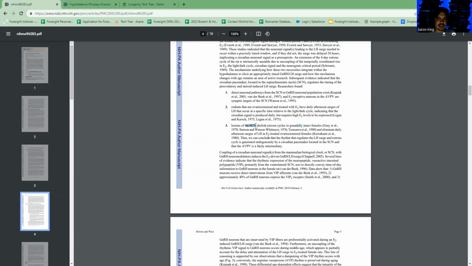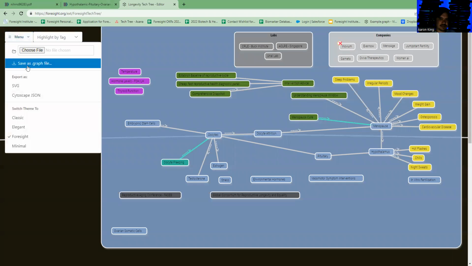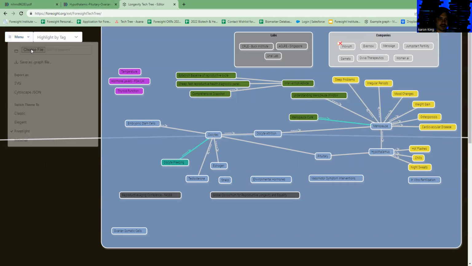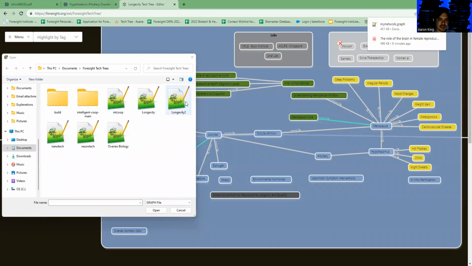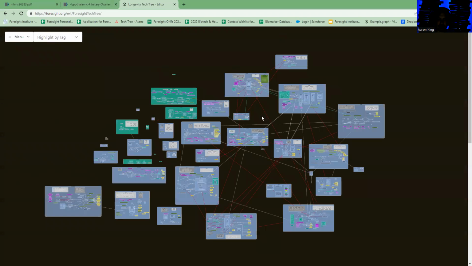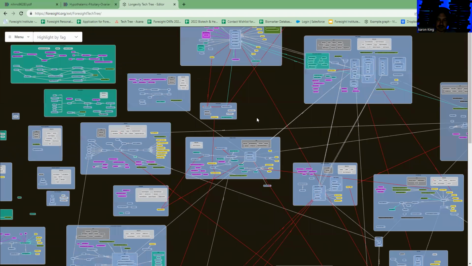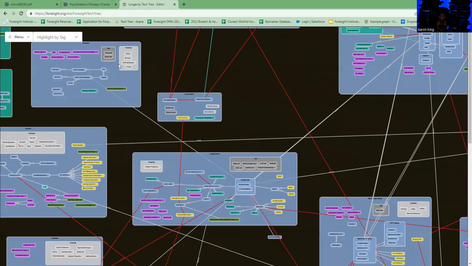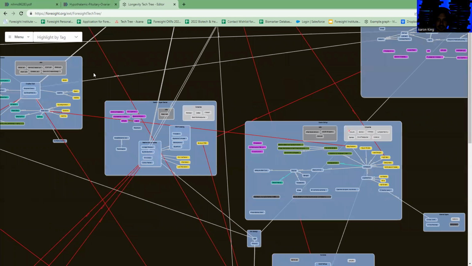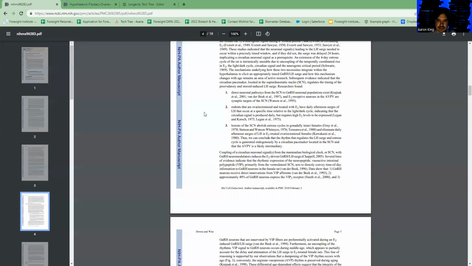Okay, so now the suprachiasmatic nucleus has an effect on the estrous cycle. We're going to save this first, and then we're going to open up longevity 2. This is the spiderweb version, and for the spiderweb version we want to connect, what were we connecting?